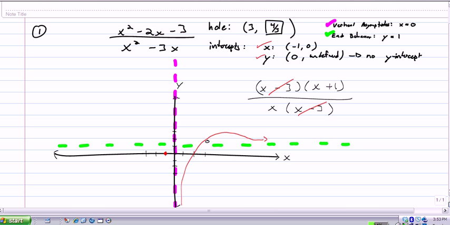It so happens when you plug 0.5 into your equation, you get 0.5 plus 1 over 0.5, so you get a positive result. When x is 0.5, you get 1.5 over 0.5, which is 3. So when x is 0.5, you get 3.